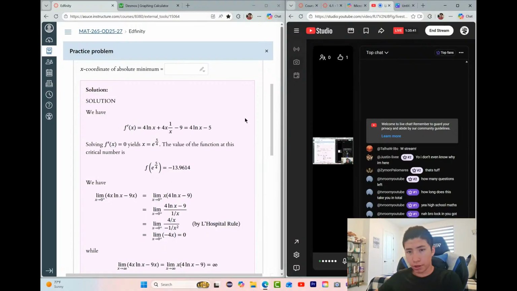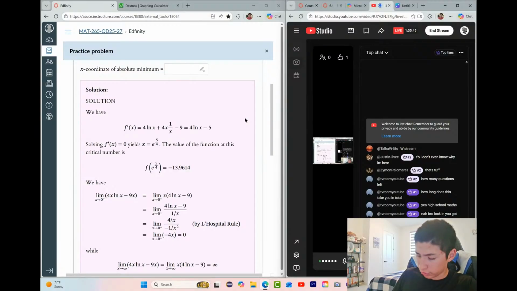All right, let's apply L'Hopital's rule then. So we have the limit of the function.